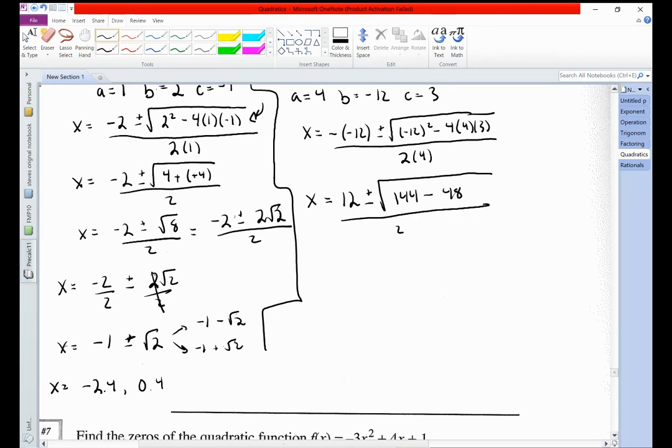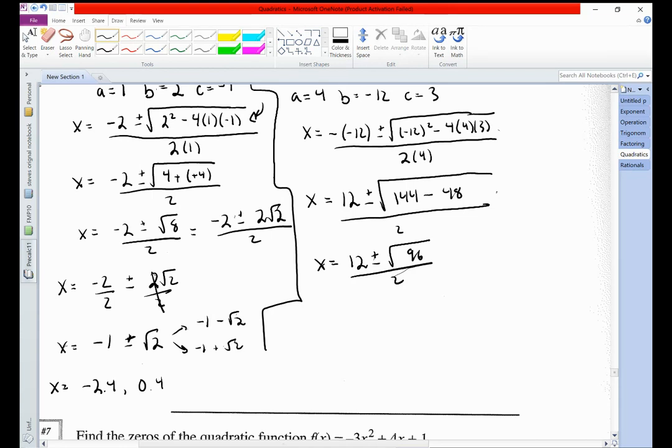all over 2. And now we're going to say x is equal to 12 plus or minus root 96 over 2. Most mistakes are going to come just from the process of this, just missing a negative or multiplying things incorrectly.